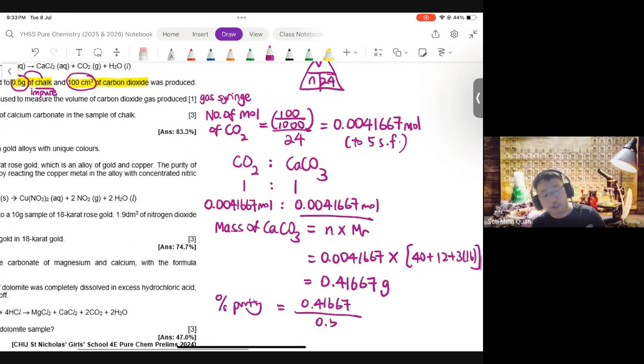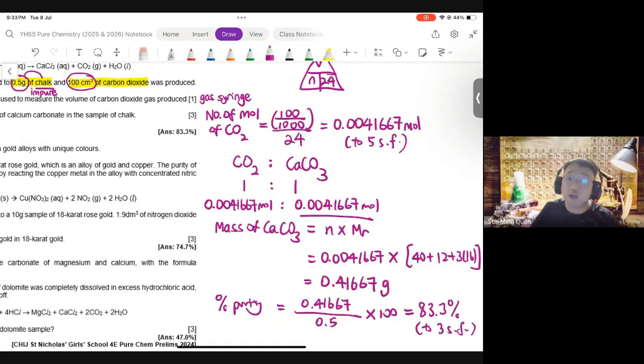The sample of chalk is 0.5 grams times 100. Okay, and we just need to compute this and we are done. All right. And that should give me 83.3% to 3SF. All right, so this is really question 10, how you would do question 10.